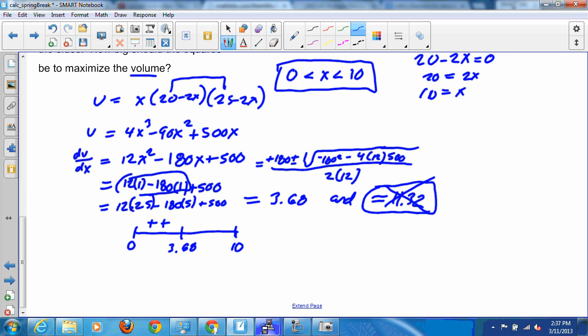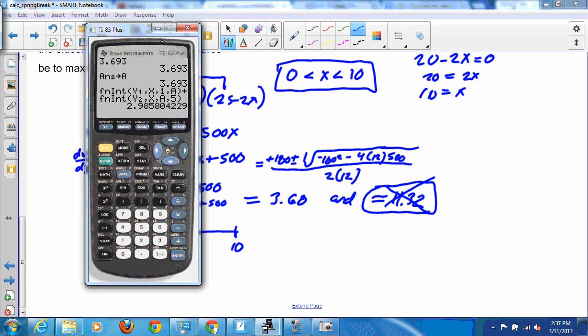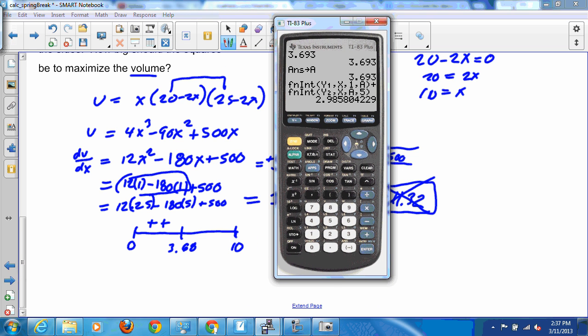Well, let's just see what that is in the calculator. Alright, just bear with me for a second. I'll crank this out real quick. We have 12 times 25 equals 300, and then minus 180 times 5, and that's a negative 600.